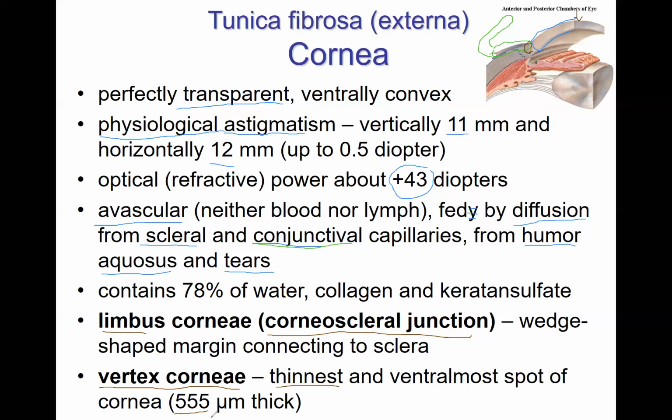We now have methods which help us to treat myopia with laser, where with laser you erase part of the cornea layer, but if the cornea is thinner than 400 micrometers, then you are not able to perform this, otherwise it will be too thin. So normally it's 555 micrometers.